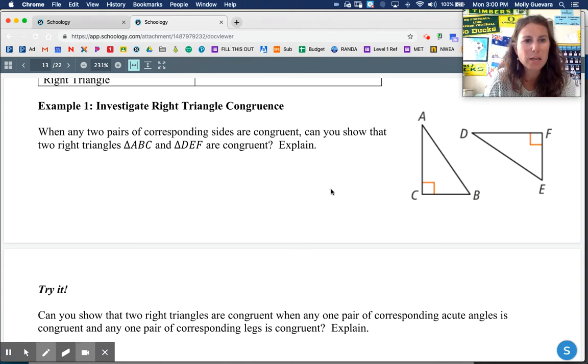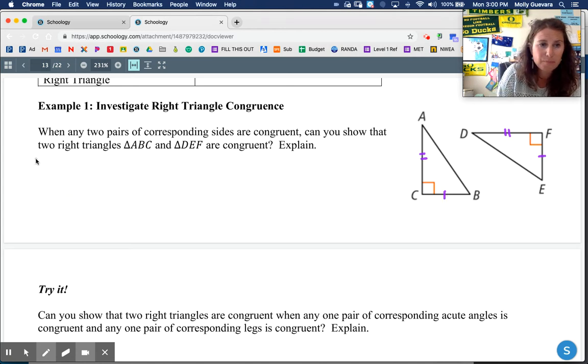Okay, so let's look at example 1 here. Example 1 says, when any two pairs of corresponding sides are congruent, can you show that two right triangles are congruent? So two pairs of corresponding sides. So that could mean that CB and EF are congruent, or that could be that AC and DF are congruent. So if I have both legs, right, then I have side, angle, side.